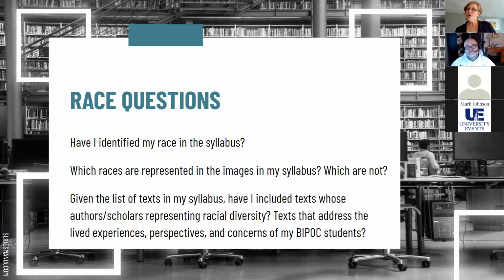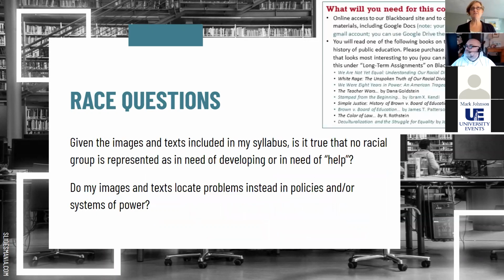And then thinking beyond our own race to what we're representing in our syllabus. So thinking about the images on our syllabus, what am I representing in terms of race there? Thinking about the texts that we include in our syllabus, what are the texts that we're assigning or recommending? What appears on the bibliography or the suggested bibliography of our syllabi?